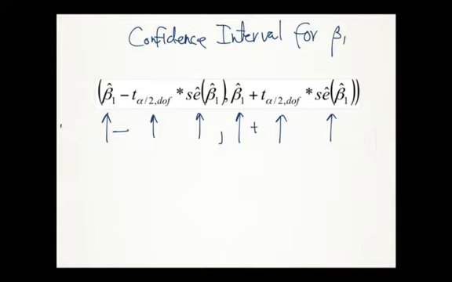And the confidence interval is interpreted just as we've seen before. And remember, we always know about the duality between the confidence interval and hypothesis testing. So if we have a confidence interval, we can complete our 7 steps of hypothesis testing. So again, our null is that beta 1 is equal to 0. The alternative is that it's not equal to 0.